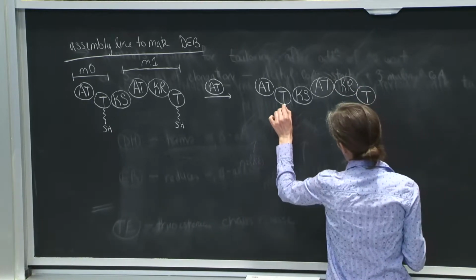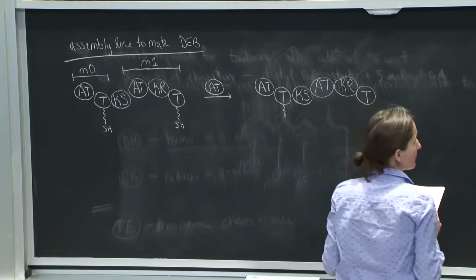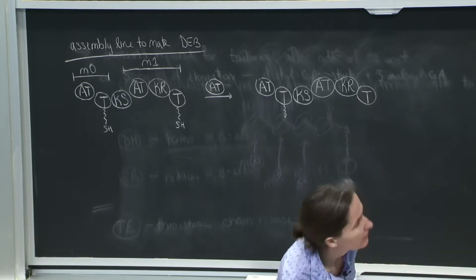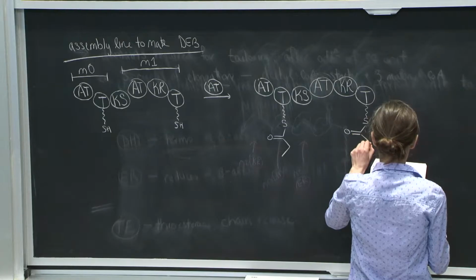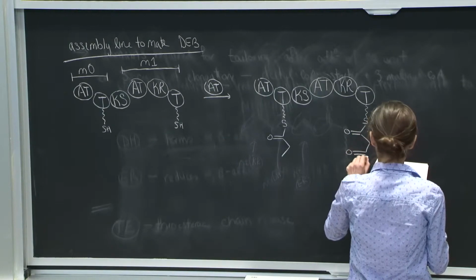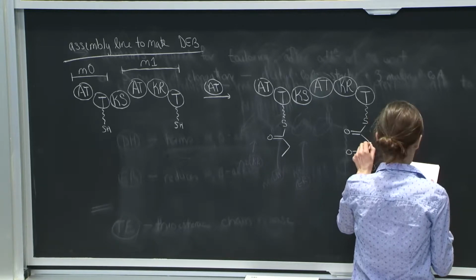So what do we end up with? In this case, the starter is a propionyl-CoA. So we can see that here. And we have a methylmalonyl-CoA as the extender. That gets loaded.